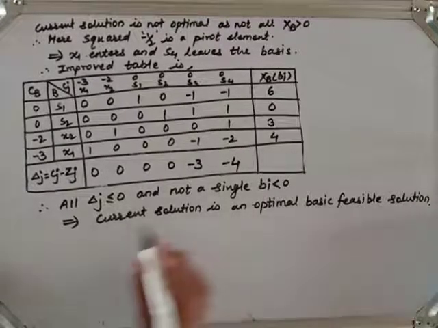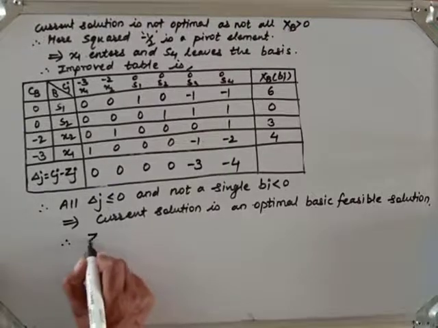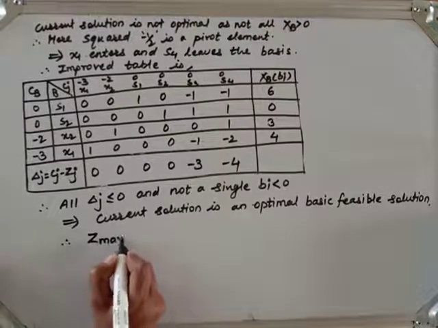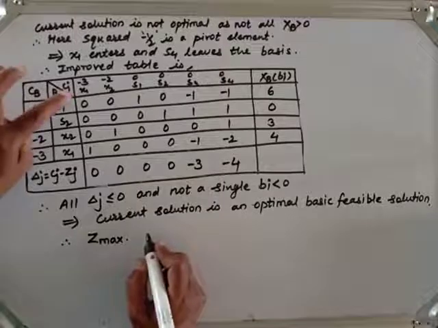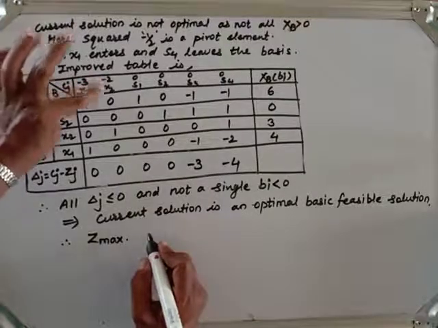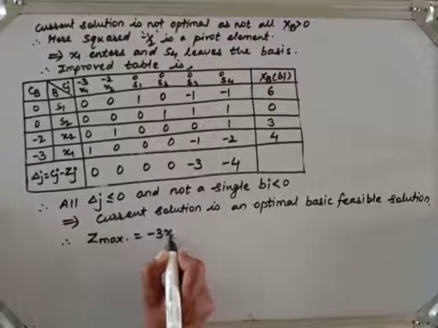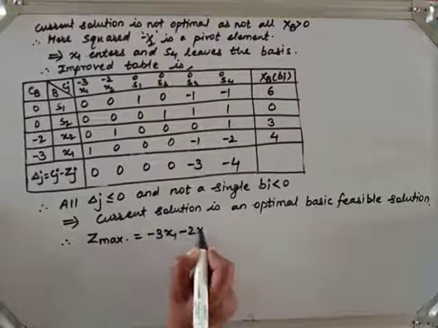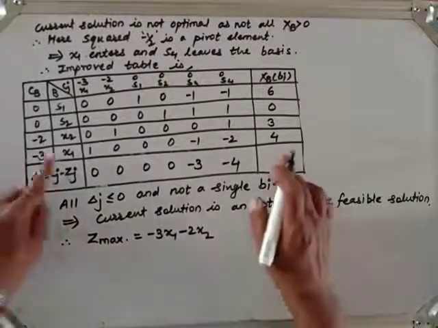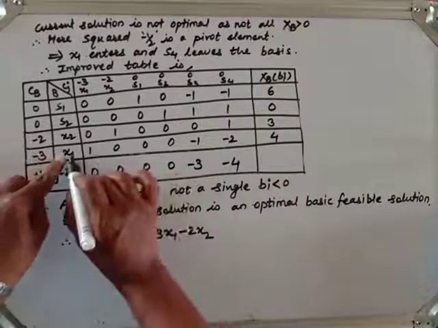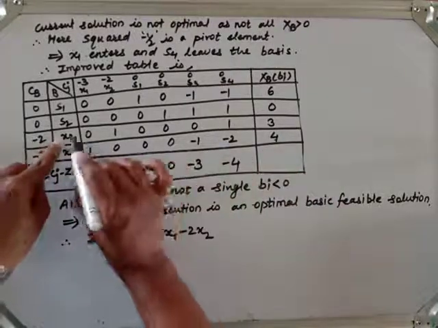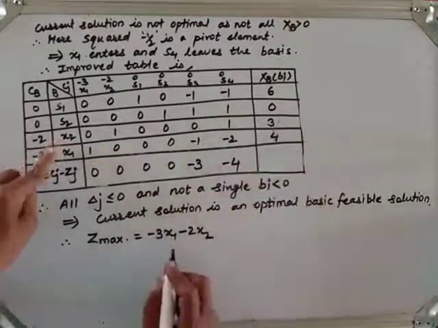And what is that solution? Let us find out. We are finding z maximum, and the objective function is minus 3x1 minus 2x2. Now look at the value of x1, which is 4, and x2, which is 3.